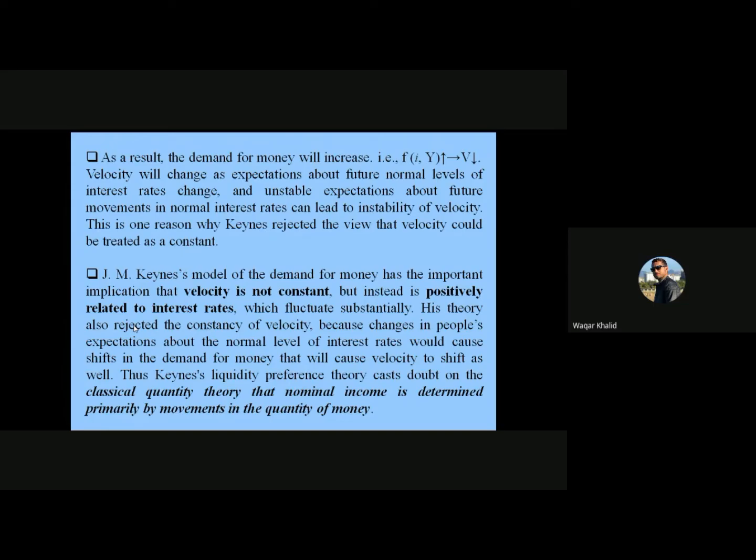His theory rejected the constancy of velocity, because changes in people's expectations about the normal level of interest rates would cause shifts in the demand for money, which will cause velocity to shift as well. The Keynes liquidity preference theory cast doubt on the classical quantity theory of money, that nominal income is determined primarily by movements in the quantity of money.